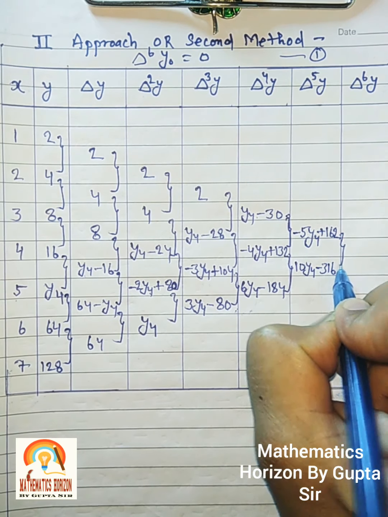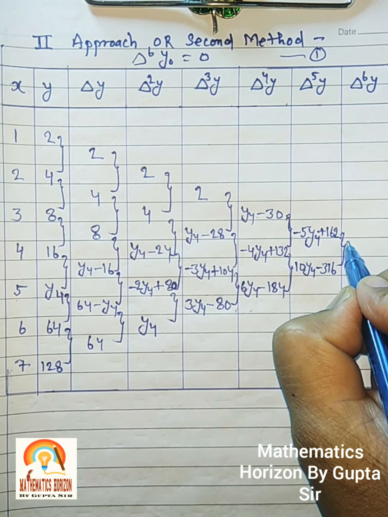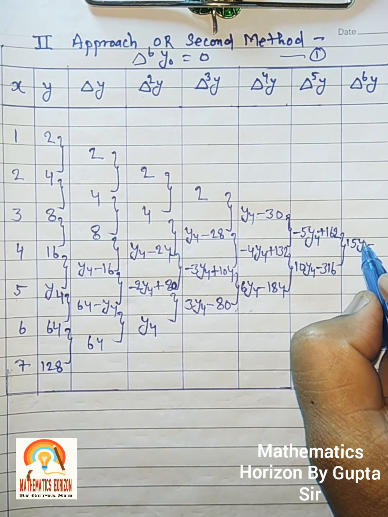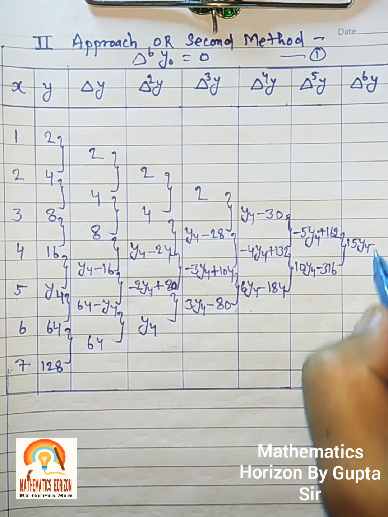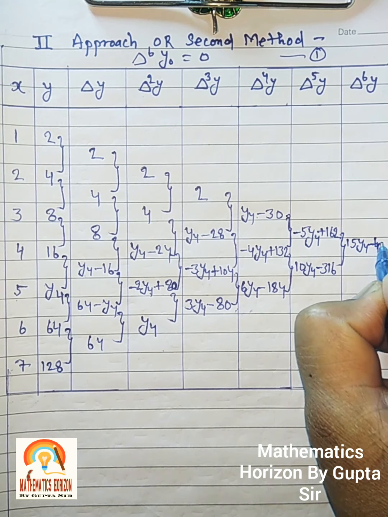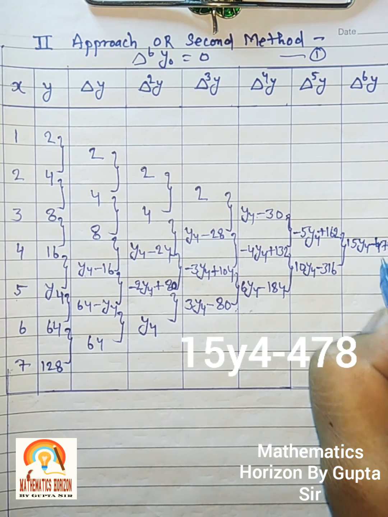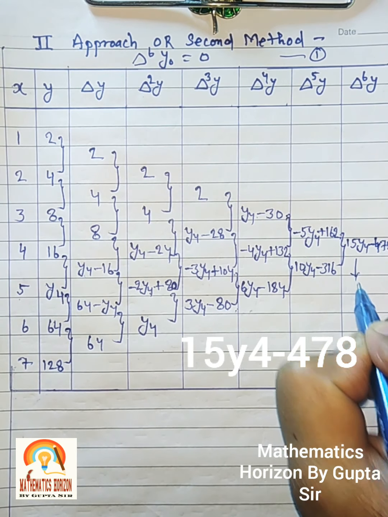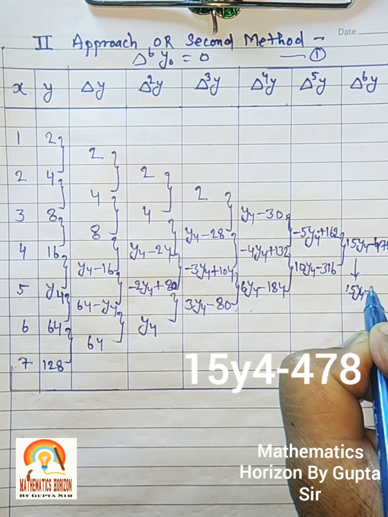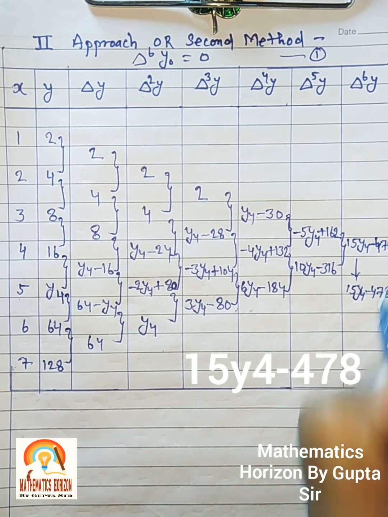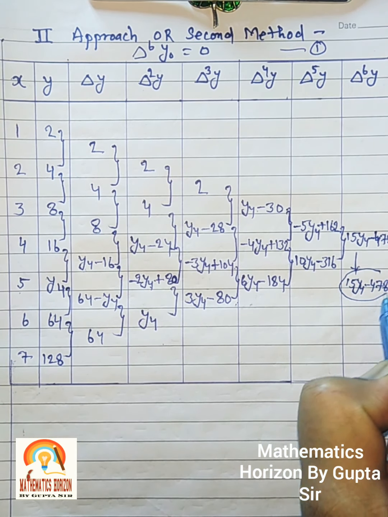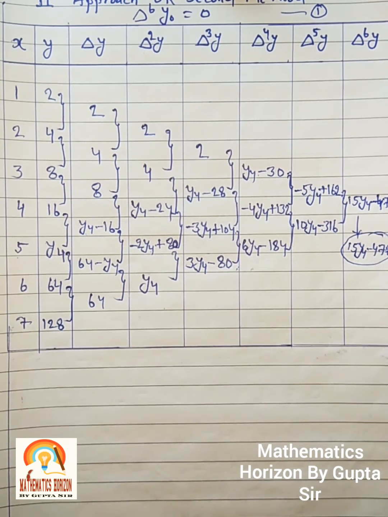And next we calculate the differences of these two, that is 15y4 minus 478. Here this term is rewritten, 15y4 minus 478. Okay, we have this term here now.